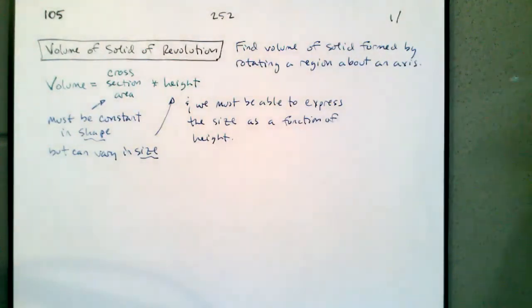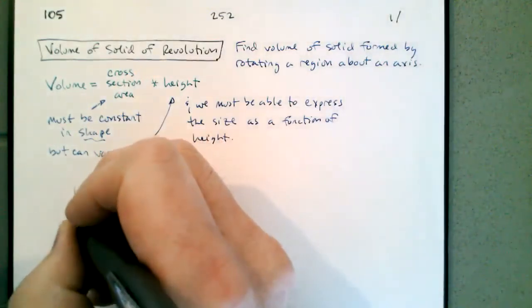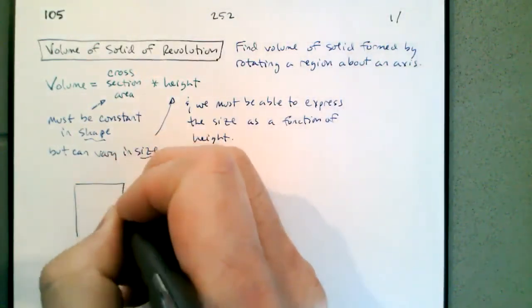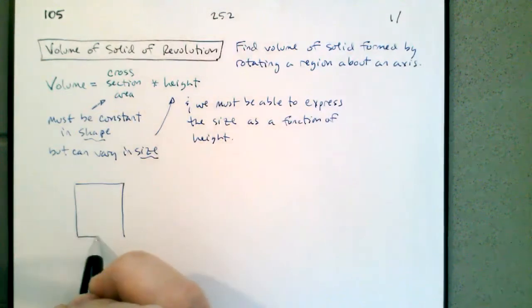So what I mean by that is if I have, let's say, a plate, what I mean by vary in one direction.